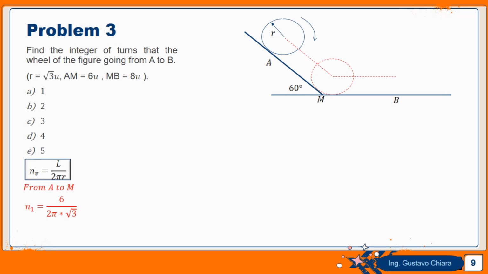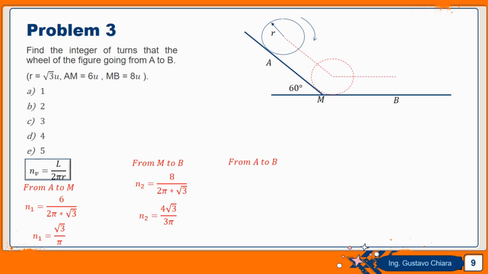So from A to B, using this formula, the number of turns is equal to the length divided by 2πr, we get the number of turns that the well makes from A to M. So the number of turns is this value. In the same way, from M to B, we get that the number of turns is this other value.